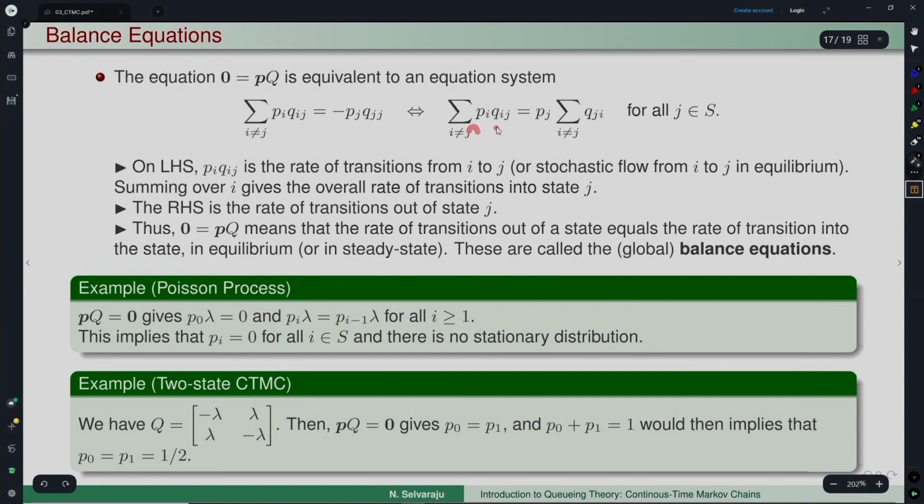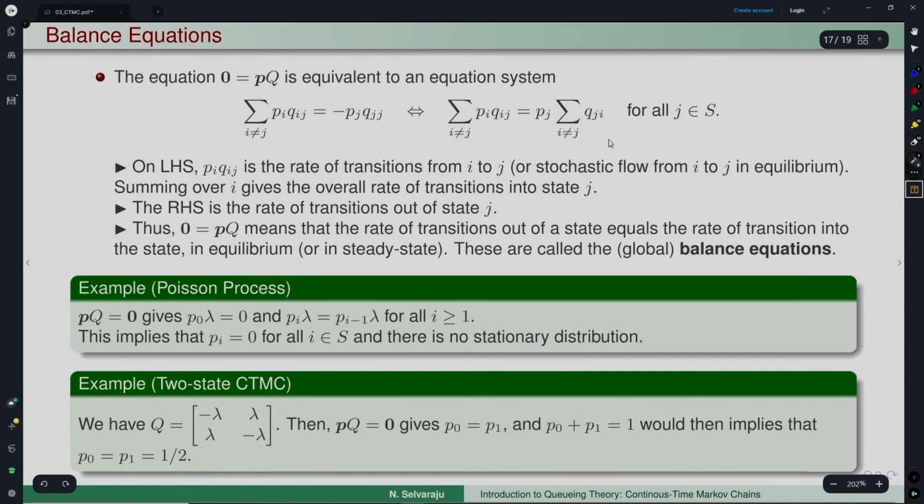So, i not equal to j means from any state other than state j, the transitions into state j is what would be the left hand side. The right hand side is basically you are finding the system in state j and it is moving from j to i, for i not equal to j. This is the rate of transitions out of state j. So, PjQji is the rate of transition from j to i, and if you sum over all i not equal to j, it will give you the total rate of transitions out of state j.